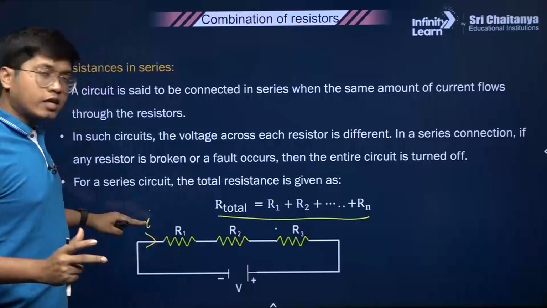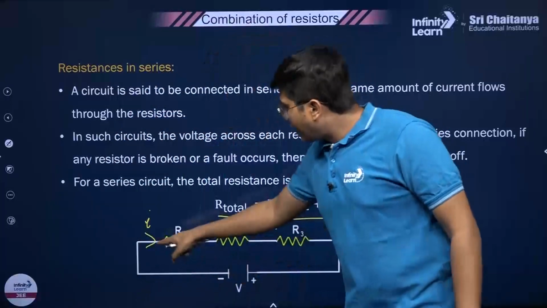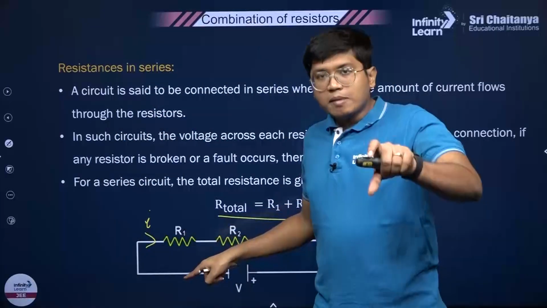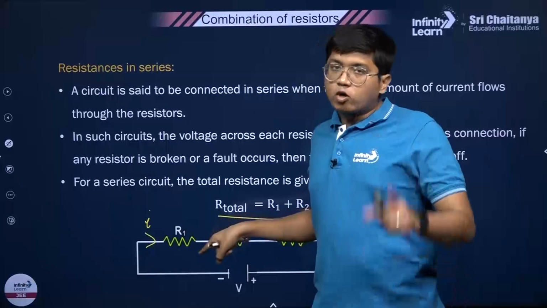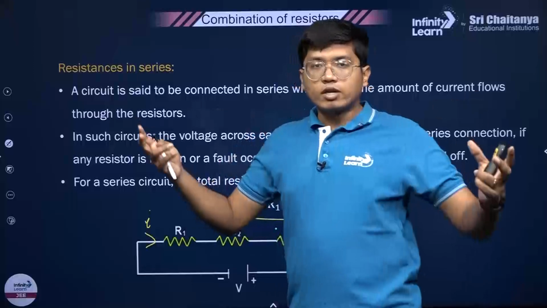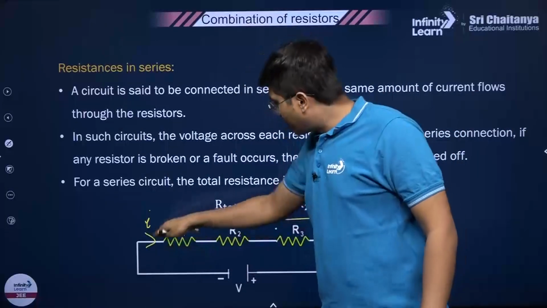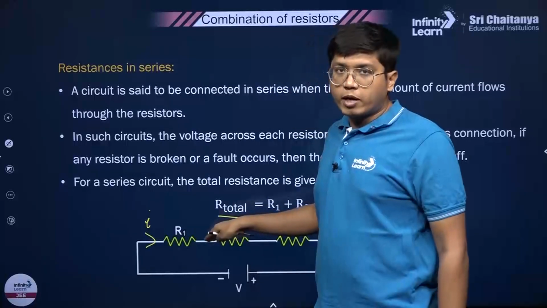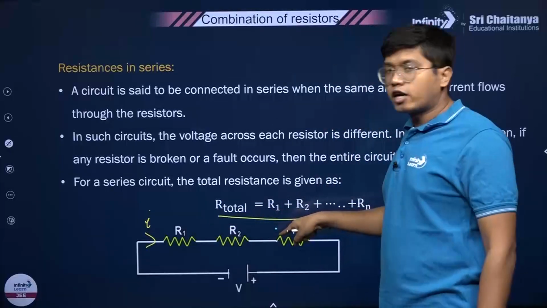Which means, what is current? Current is essentially charge flowing through it. Whatever charge enters into R1, that same amount of charge has to get out of R1, because inside R1, charge cannot get destroyed, nor can it be created. So whatever charge enters, the same charge needs to get out from R1. Whatever gets into R2 has to get out of R2.